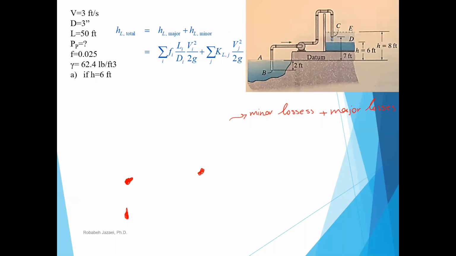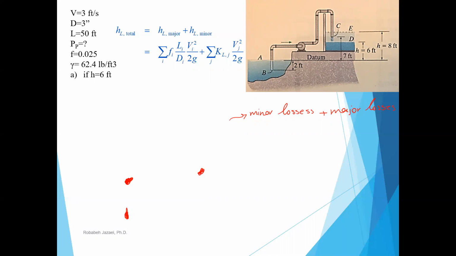All right, let's see how we can solve this problem with the equations that we have. So the first question is how to find head loss. For head loss, we have major head loss and also minor head loss, right? So let's see what we have.